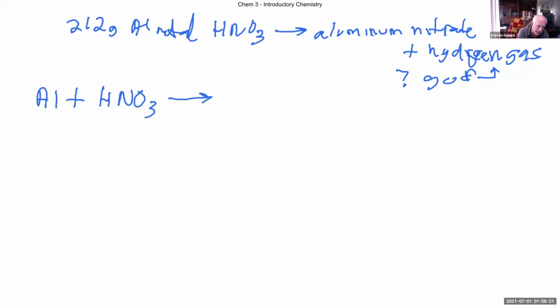Aluminum is Al, and nitrate is NO3. Okay. Aluminum is +3, nitrate is -1. So it takes 3 of those. So Al(NO3)3, aluminum nitrate, plus hydrogen gas, H2. So there's your equation. And the first step is to balance it, right?